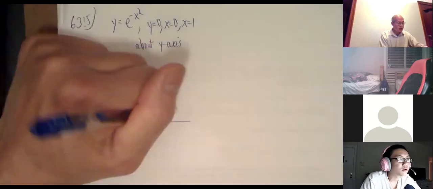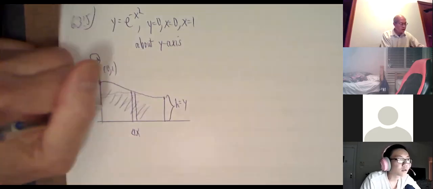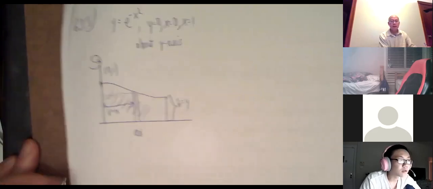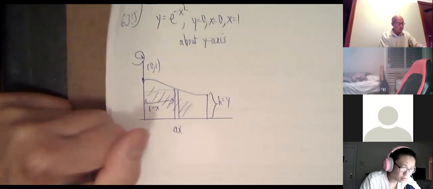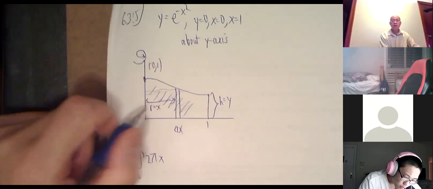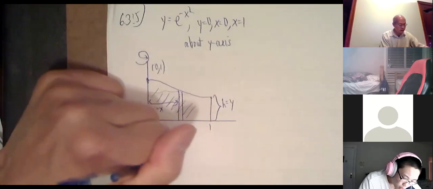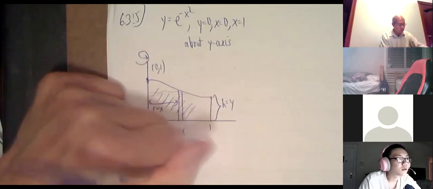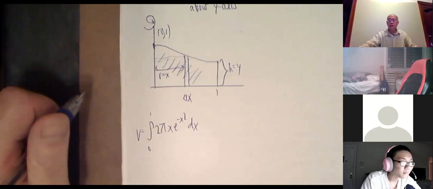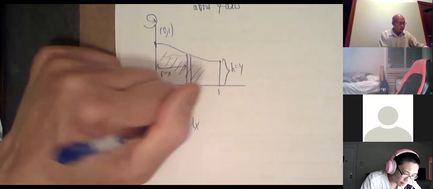So the height is y, radius is x. So integrate from 0 to 1, 2 pi x y, where y is e to the negative x squared, dx.